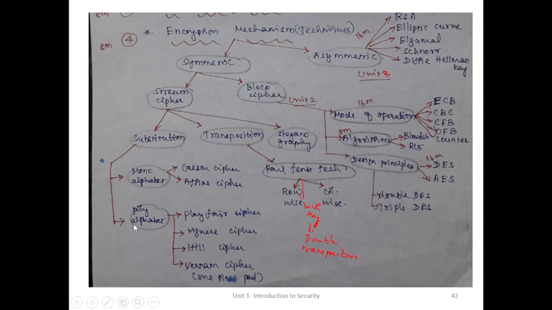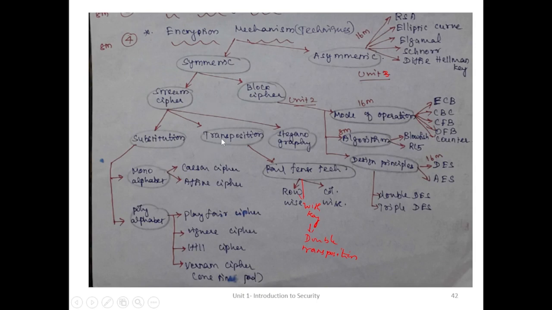In a poly alphabet, we should use more than one letter as key, so only then we call it poly alphabet. Mono alphabet contains 2 algorithms: Caesar cipher, affine cipher. Poly alphabet holds 4 different algorithms, namely Playfair cipher, Vigenere cipher, Hill cipher, Vernam cipher. Another name for Vernam cipher is one-time pad.